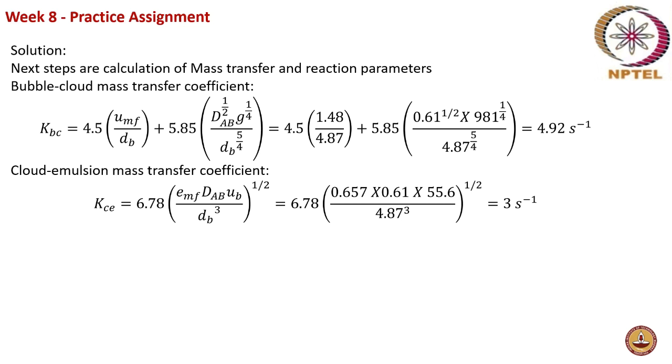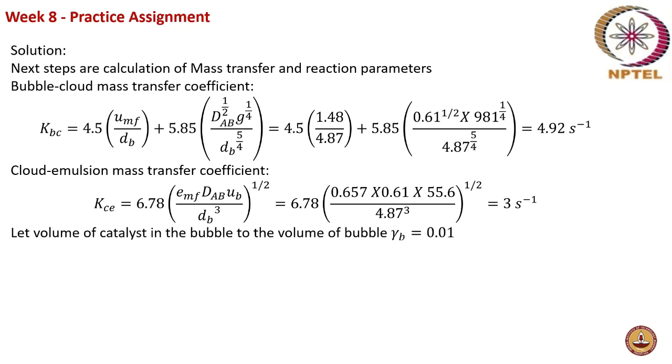So, we have all the terms because we have the porosity at minimum fluidization velocity as 0.657, diffusivity we have 0.61, and UB, bubble velocity, we have calculated to be 55.6, and average bubble diameter to be 4.87. So, substituting all the parameters, we get the cloud to emulsion mass transfer coefficient as 3 second inverse.